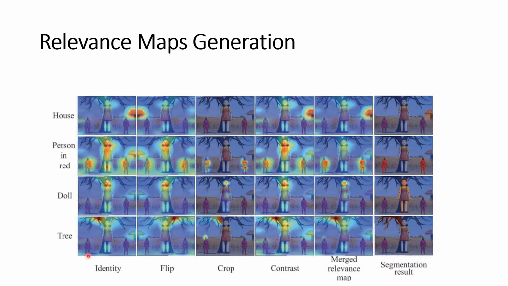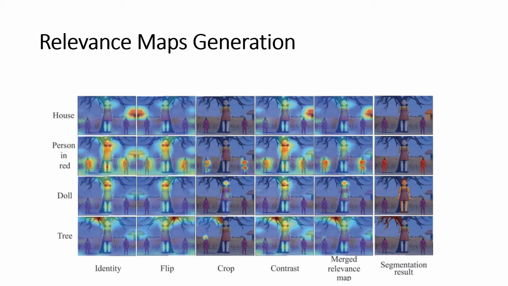On the columns up to the fourth column, we can see different augmentations, different views of the image, and the output relevance map. On the fifth column, we can see the merged relevance map, which is obtained by averaging the four relevancy maps and therefore reduces noise and errors.